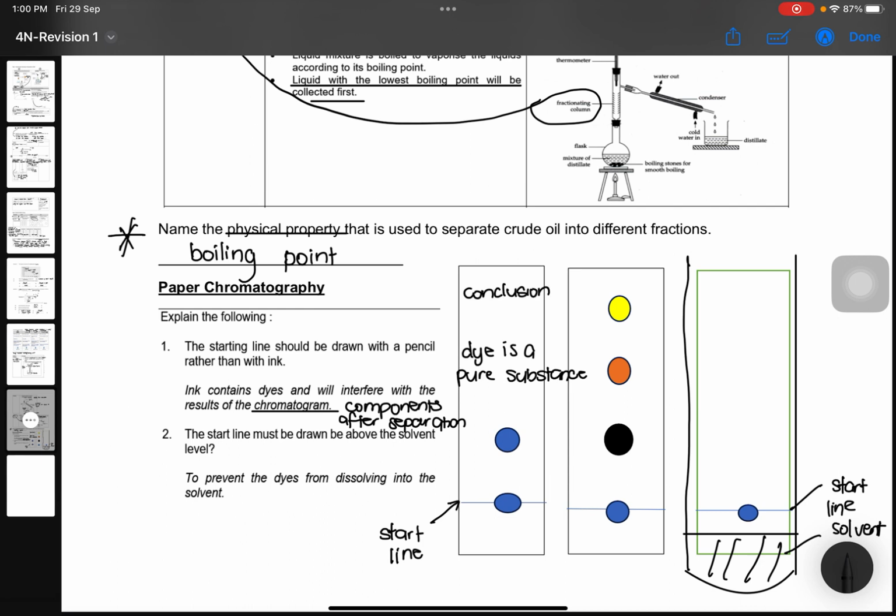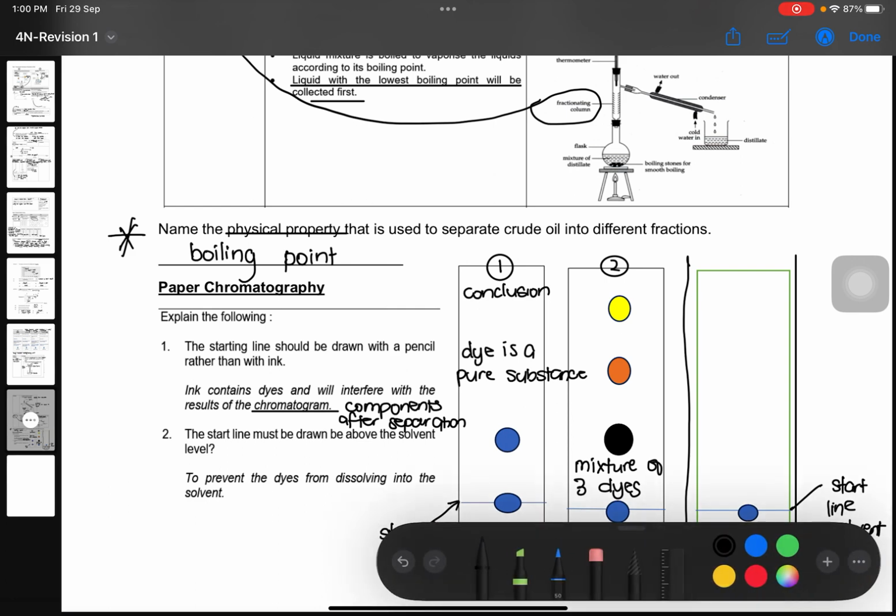For number 2, your conclusion is that this is a mixture of 3 dyes. The 3 dyes are black, orange and yellow.